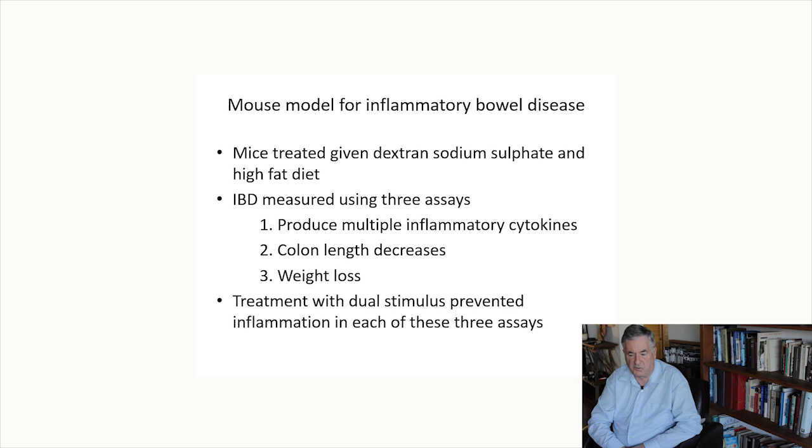Mice are treated giving dextran sodium sulfate and a high-fat diet. IBD is measured using 3 assays: the production of inflammatory cytokines, change in colon length, and weight loss, and the treatment with the dual stimulus prevented inflammation in each of these 3 assays.